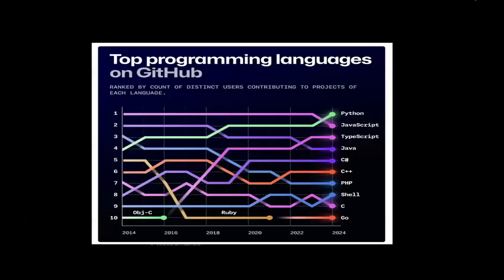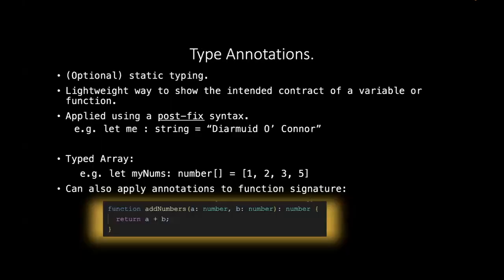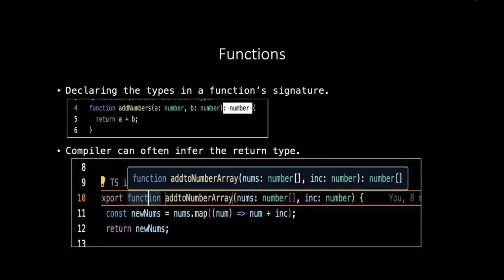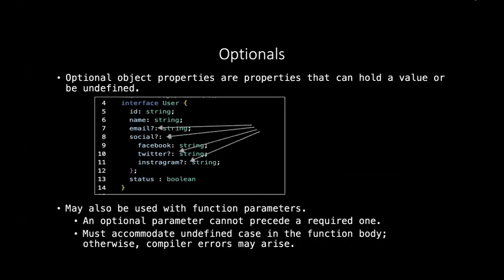So the next aspect of the language is optionals. Oh yeah, we talked about functions a little bit as well, and the idea that you need to declare the type of a function's signature. The next thing is optionals, and this goes back to interface data types.